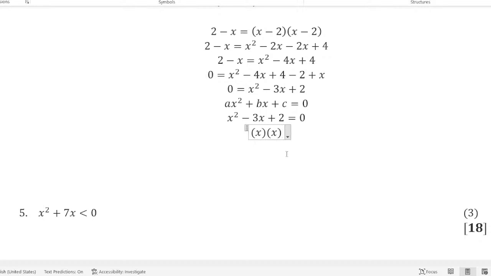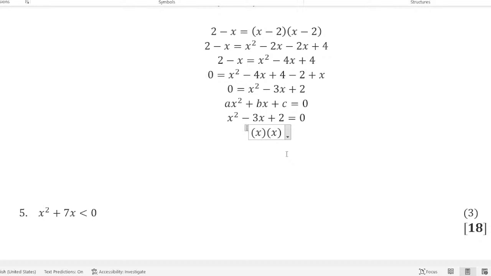Then factors of 2 are 1 and 2. Remember, when the last term is positive, we have to get the factors of the last term and add them to get the middle term. Factors of 2 are only 2 factors, 1 and 2. So this one is quite easy.